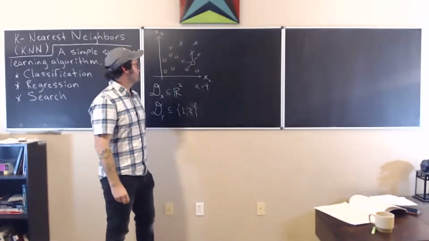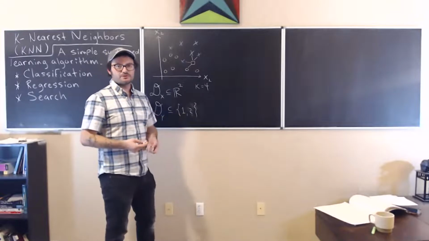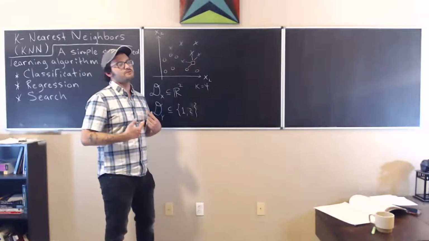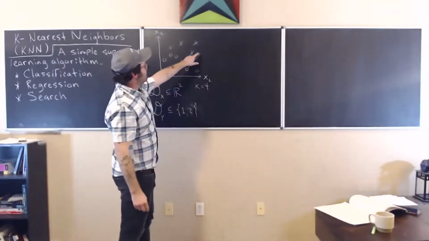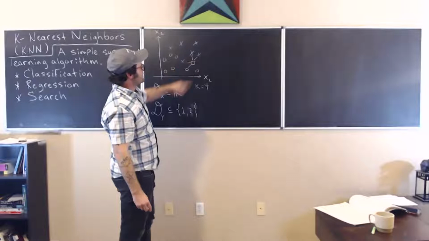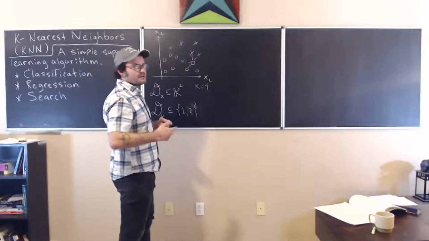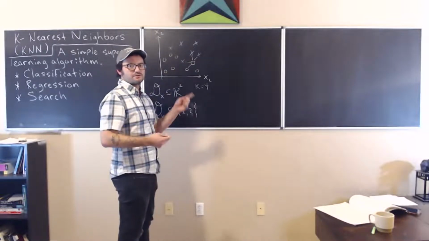The way k-nearest neighbors works reminds me of a greedy algorithm approach. Of all of the neighbors of this new point, we take the mode of them, either type 1 or type 2.